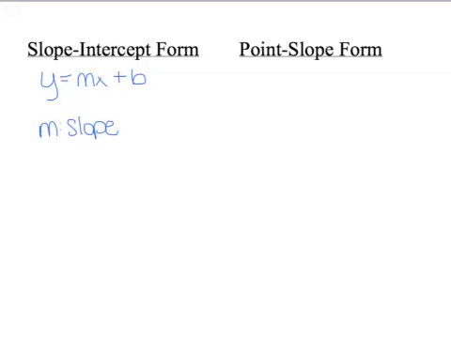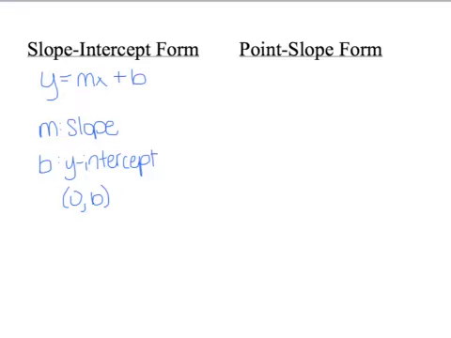And the y-intercept is denoted by the letter b. The y-intercept is where the graph crosses the y-axis. As a point, it's going to look like 0, comma, and then whatever b is.